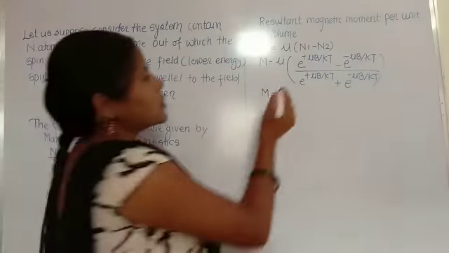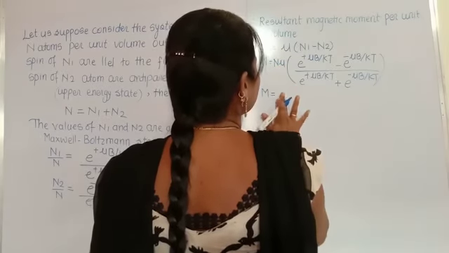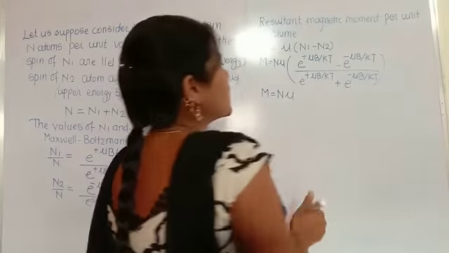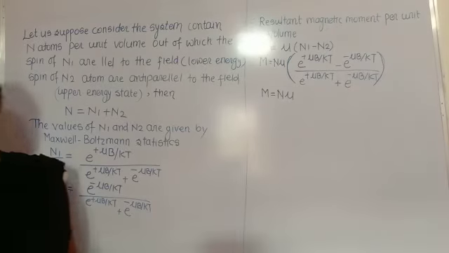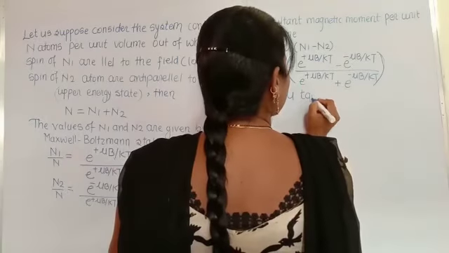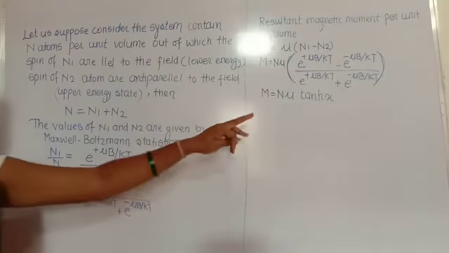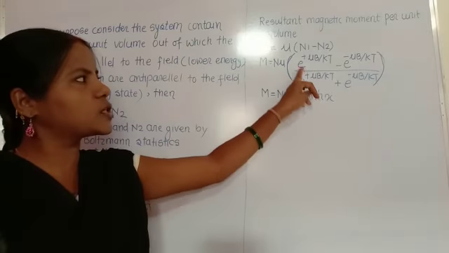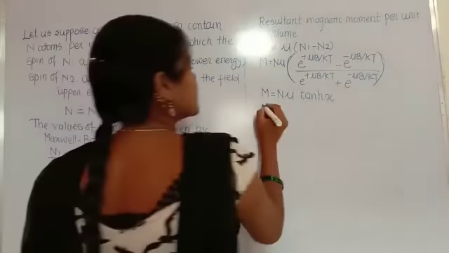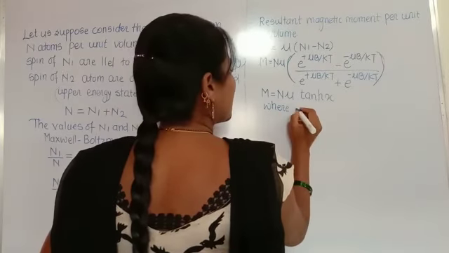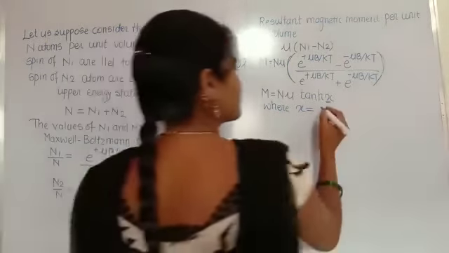Here n and mu are common terms, so we write n mu, and the whole term we write in shortcut form as tanh x, where x is equal to mu_B B by kT.